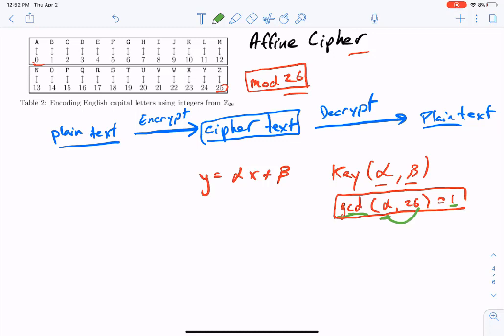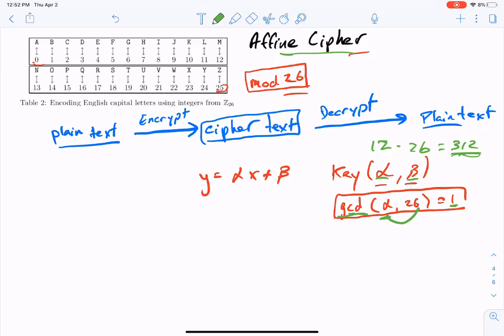So alpha has 12 possible values, and beta has 26 possible values, from 0 to 25. So there are 312 possible keys to use with an Affine Cipher. The reason this isn't really used in the age of computing is because a computer can test all 312 possible keys with any plain text or ciphertext very quickly.